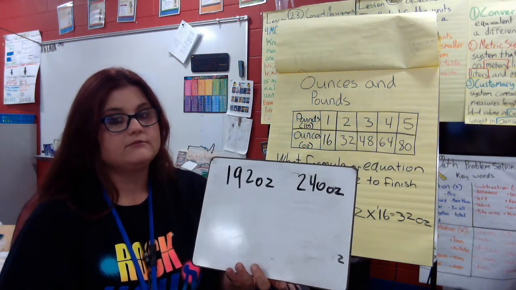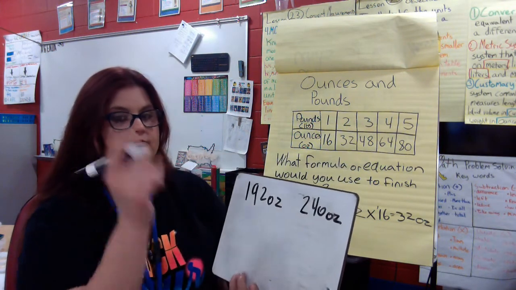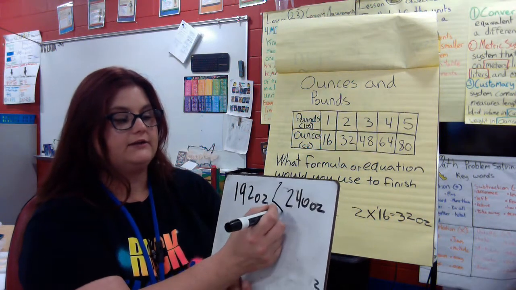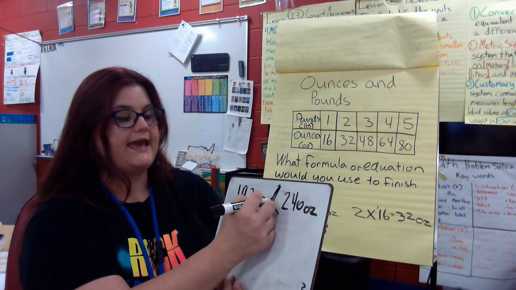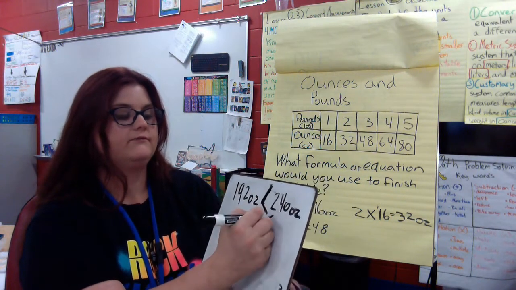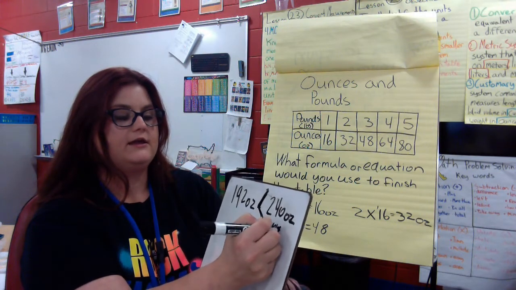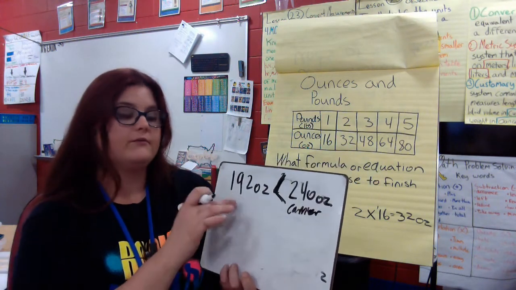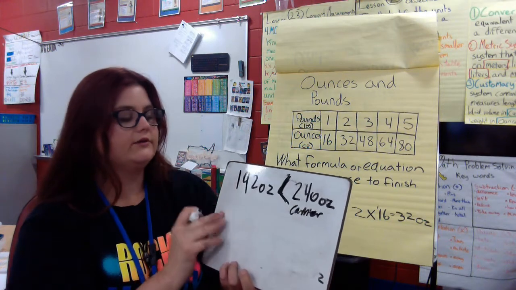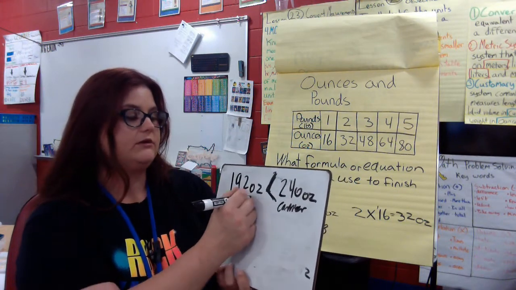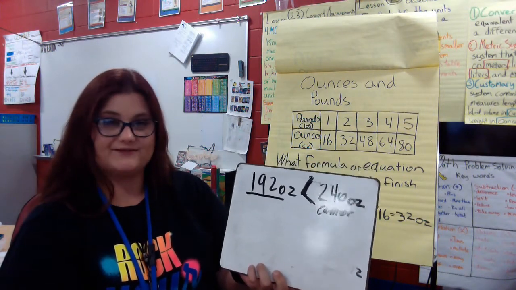Can it? Which number is bigger? This one. The carrier can hold more than how much the cat weighs, because the cat only weighs 192 ounces. All right.